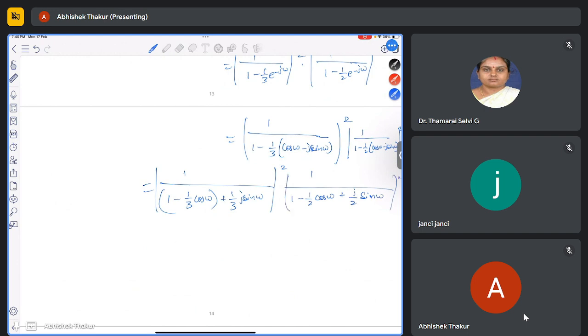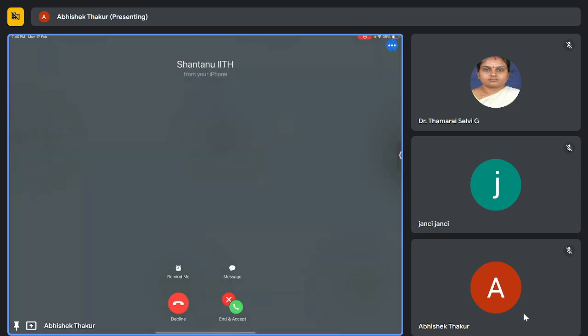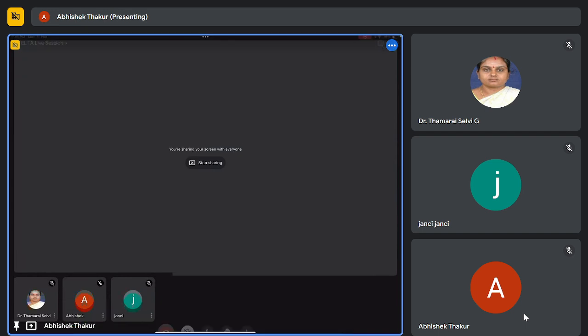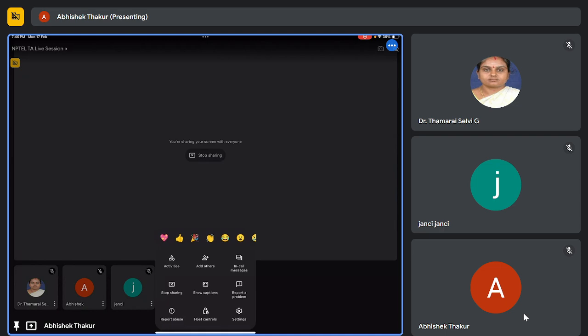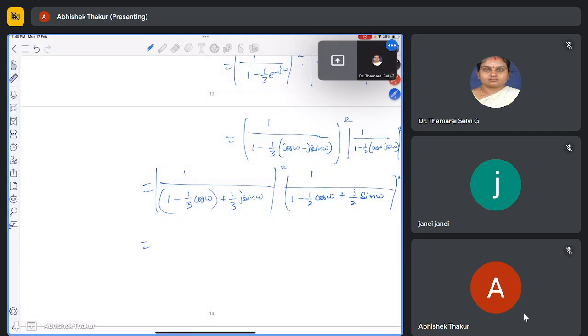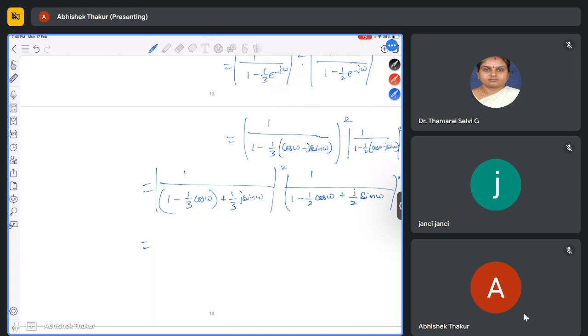Now what we can do, we will normalize this. So we can multiply with 1 minus 1 by 3 cos omega minus 1 by 3 j sin omega to the numerator and denominator here, and here minus j by 2 sin omega.